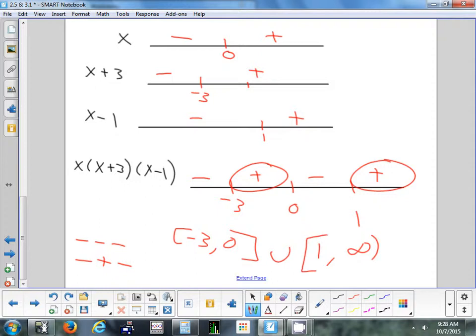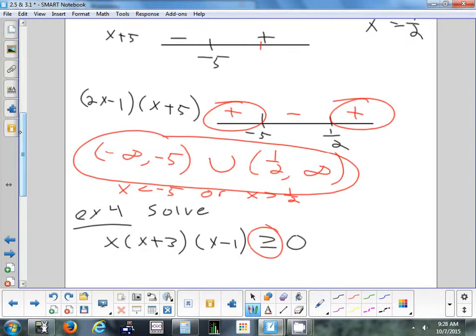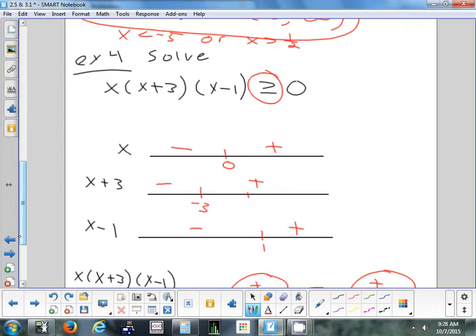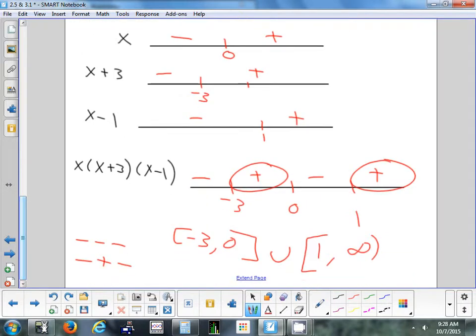Because it's including the 1. Yeah, we're including the 1. Okay, that's why we put the bracket. Anytime you have equal to, you put the bracket. Infinity always gets a parenthesis though because you can't reach it. Okay, any question on that one?